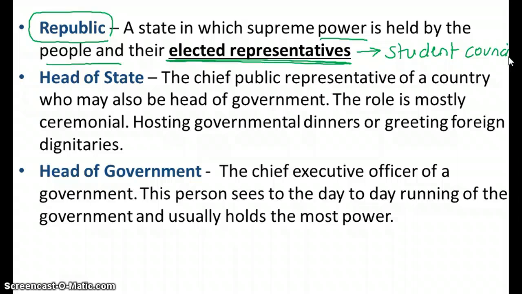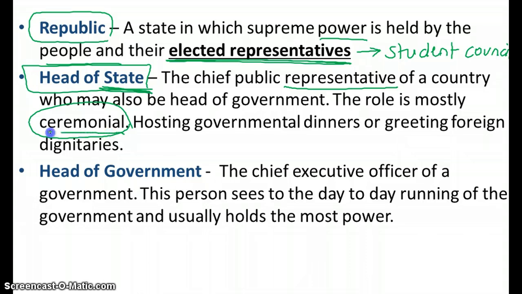All right, so the next two vocabulary words we're going to look at, head of state. This is the representative of the country, who may also be the head of the government, and the role is mostly ceremonial. That's the word we want you to really focus on. Head of state, ceremonial.